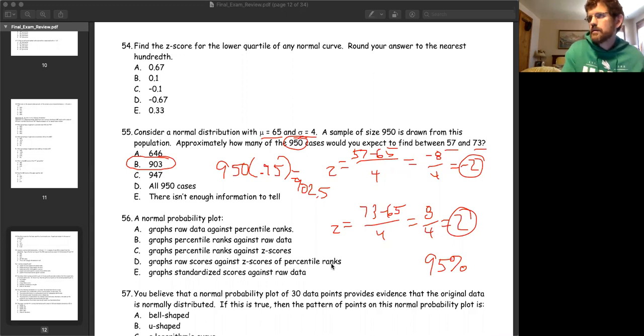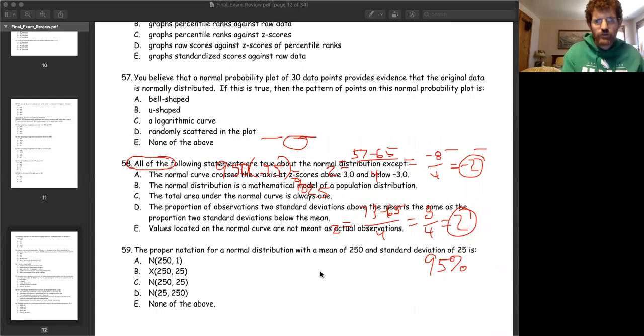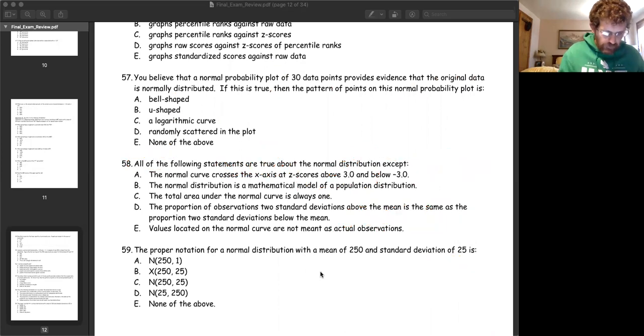58. All right, this is just a conceptual question about normal distributions. So all of them are true, except we're looking for the one that is false. The normal curve crosses the x-axis at z-scores above and below 3 and -3.